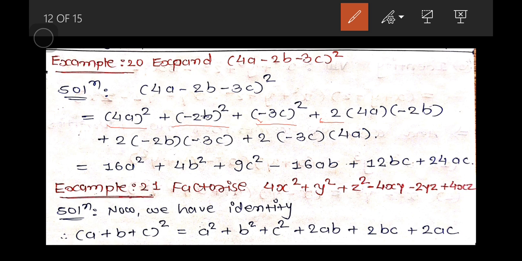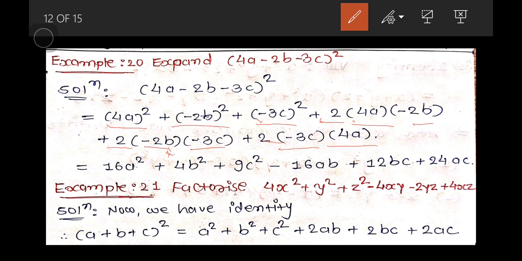plus 2 into first and second, that is 4a into minus 2b, plus 2 second and third, that is minus 2b and minus 3c, plus the last one, plus 2 third and first, that is minus 3c into 4a.